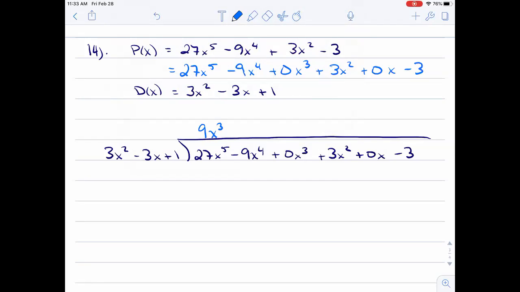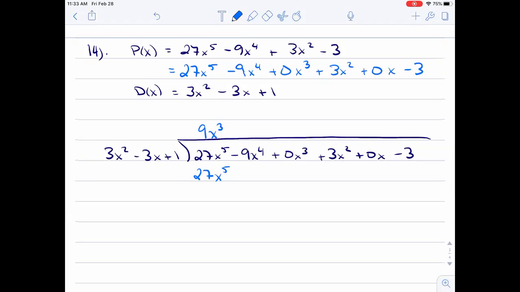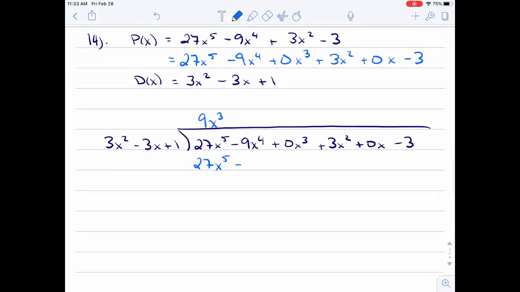Now, if I do 9x to the power of 3 times 3x squared minus 3x plus 1, I get 27x to the 5, minus, 9 times 3 is 27, x to the 4, and then plus 9x to the 3.